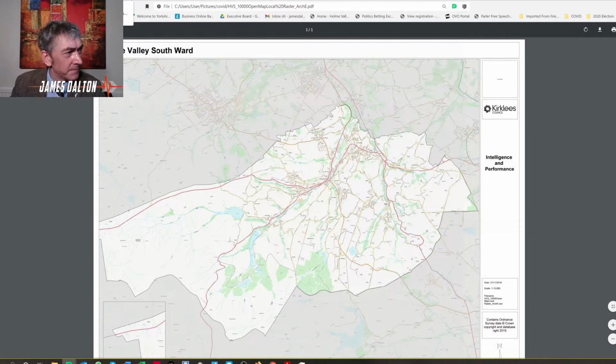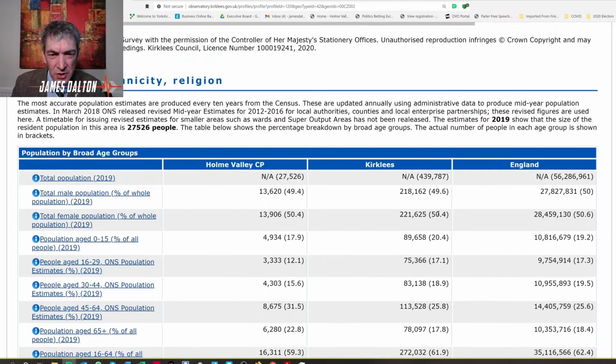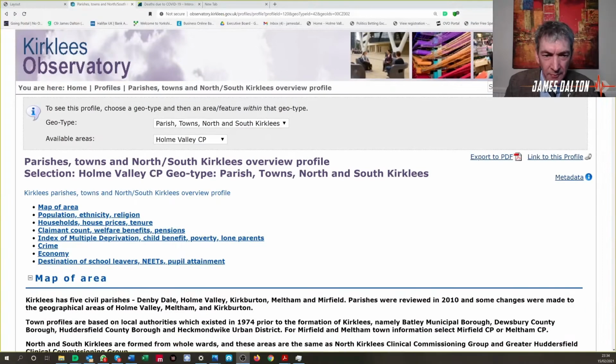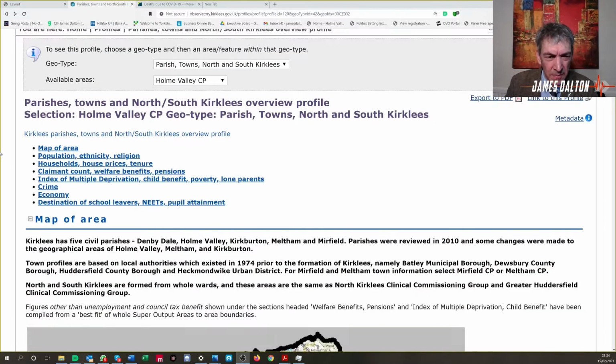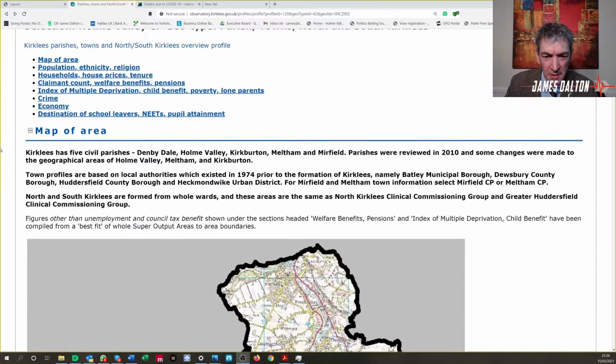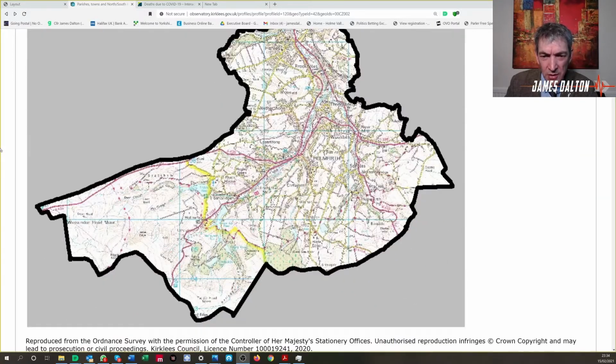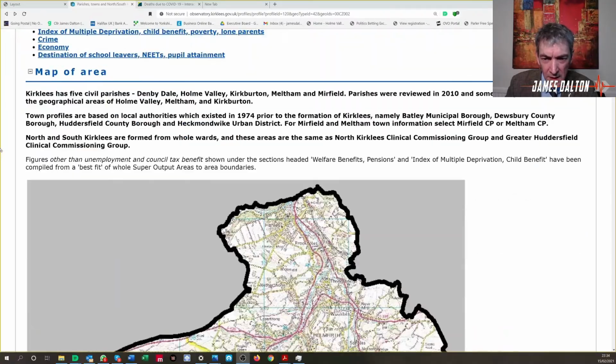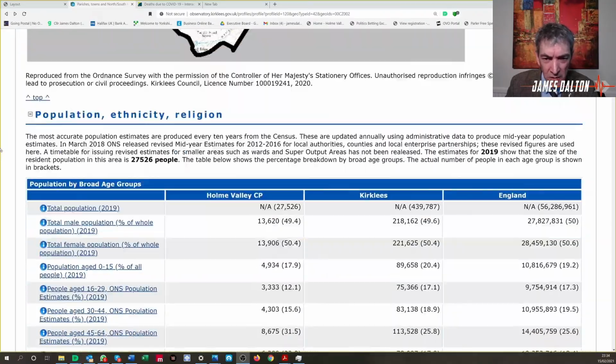We can also retrieve some data from the Kirklees Observatory database. This is a useful source of information on what the Holme Valley Parish consists of in terms of population and demographic breakdown.